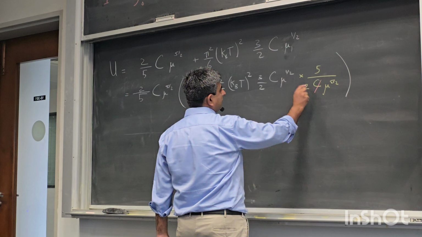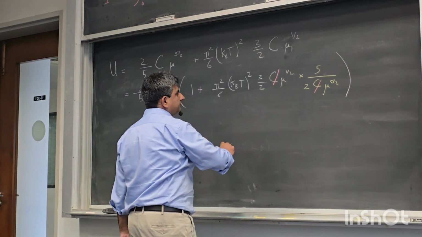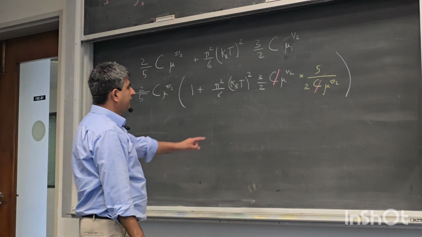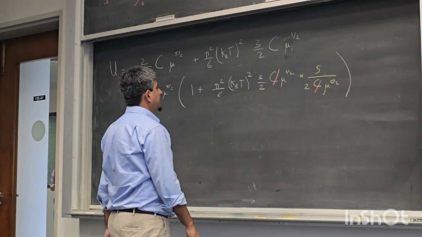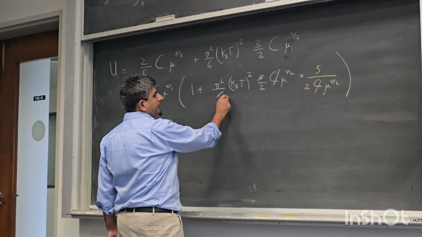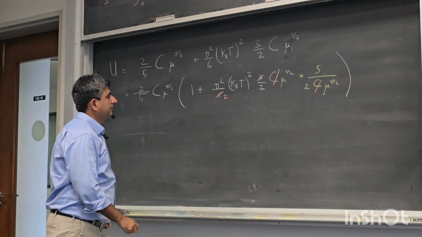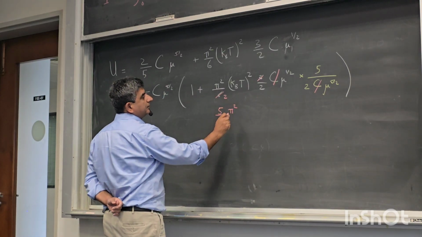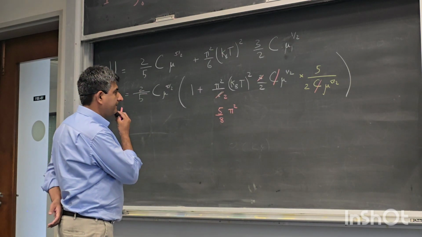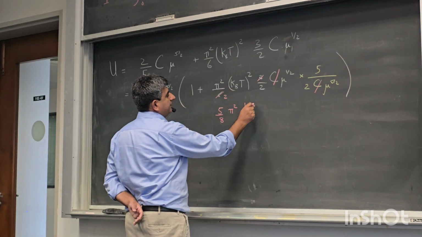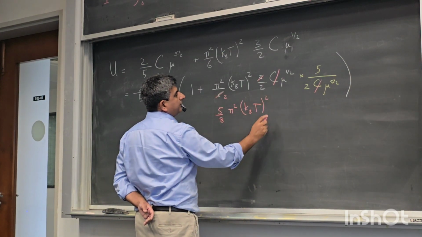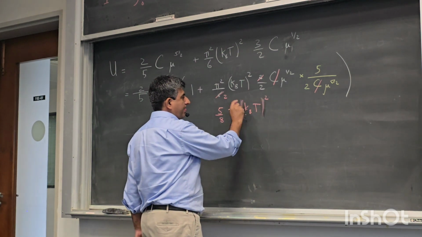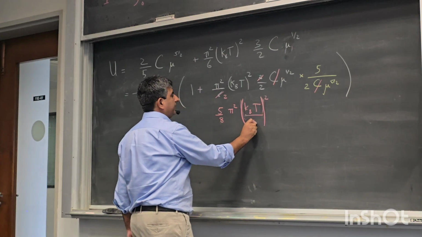This will help me cancel out the C. So 3 times 5 is 15, over 2 times 2 times 2, this will be 5 over 8 pi square kB T square over mu square.